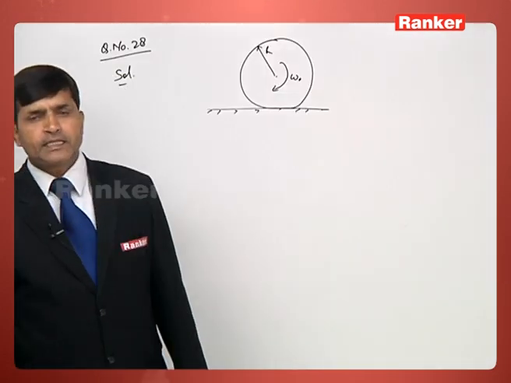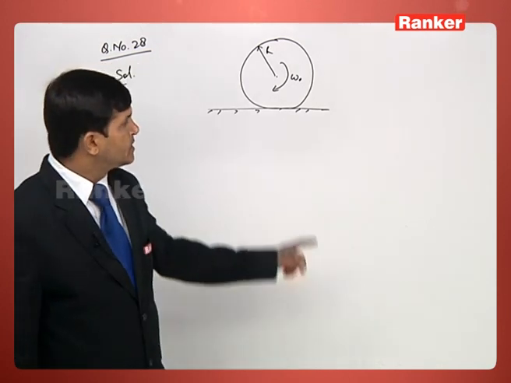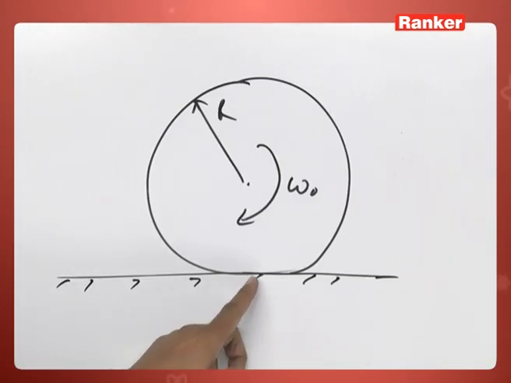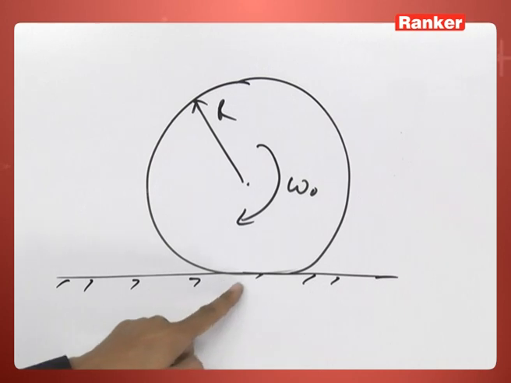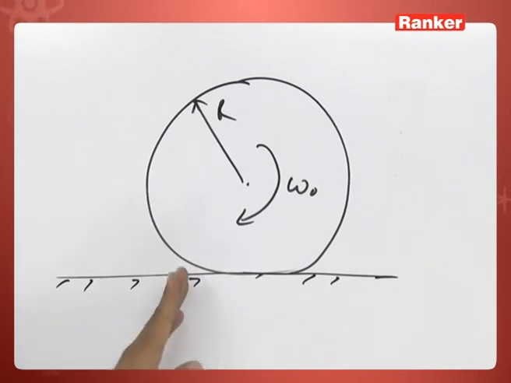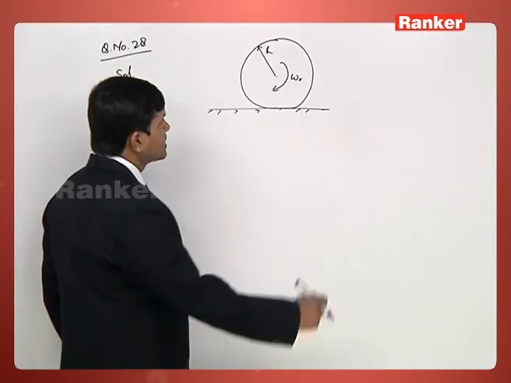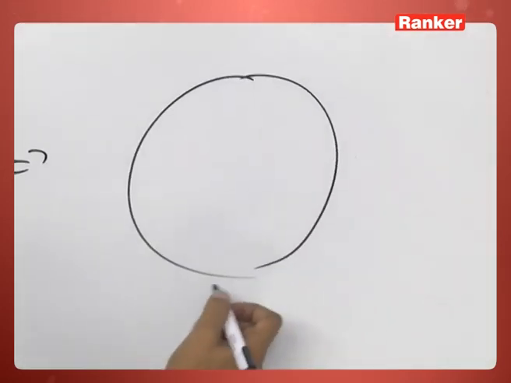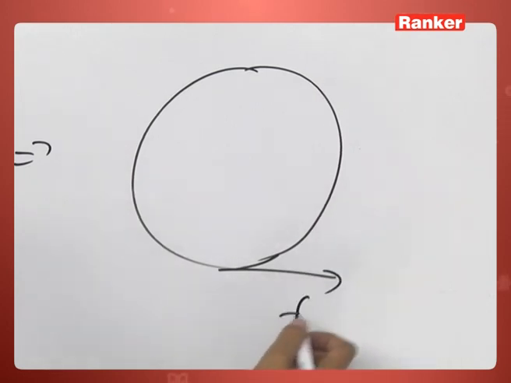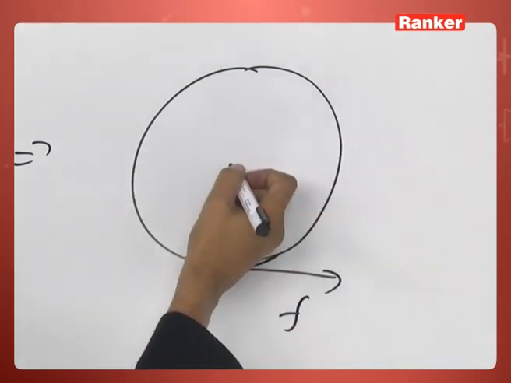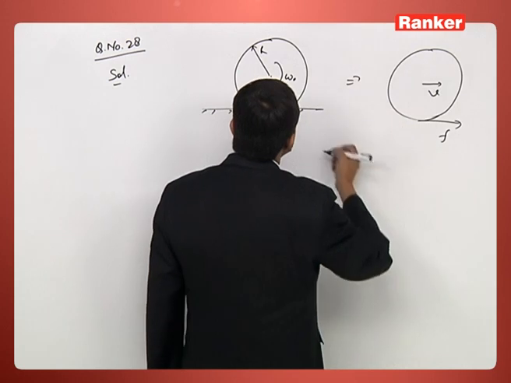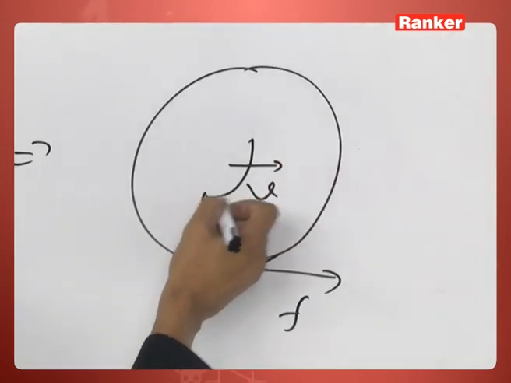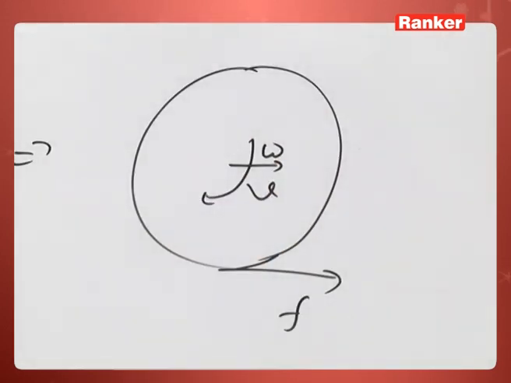As soon as it is kept gently on a rough surface, the point of contact has a tendency to move to the left side. Friction force will act on the right side. This friction gives some velocity as well as changes omega.